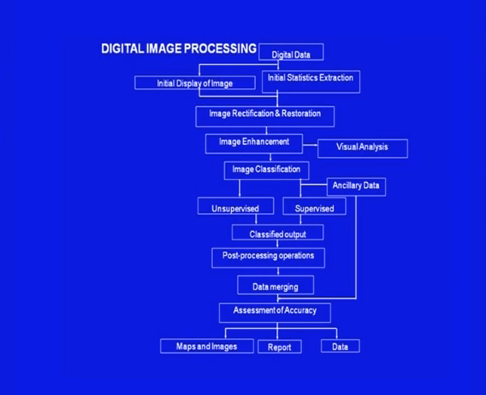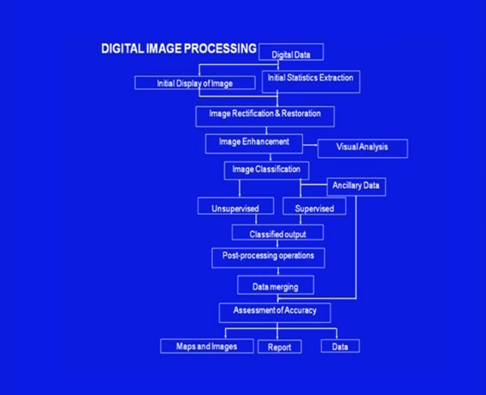There can be two approaches by which image classification can be undertaken. First is the supervised classification, the other is the unsupervised classification, and depending on the type of classification procedure adopted, one would get a classified output.